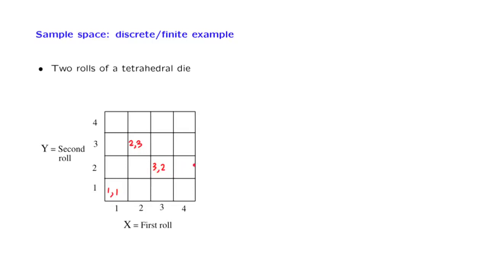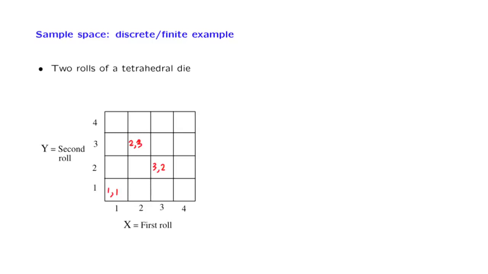In both cases, we observe a 2 and we observe a 3, but we distinguish those two outcomes because in those two outcomes, the 2 and the 3 happen in a different order. And the order in which they appear may be a detail which is of interest to us, and so we make this distinction in the sample space. So we keep the 3-2 and the 2-3 as separate outcomes.